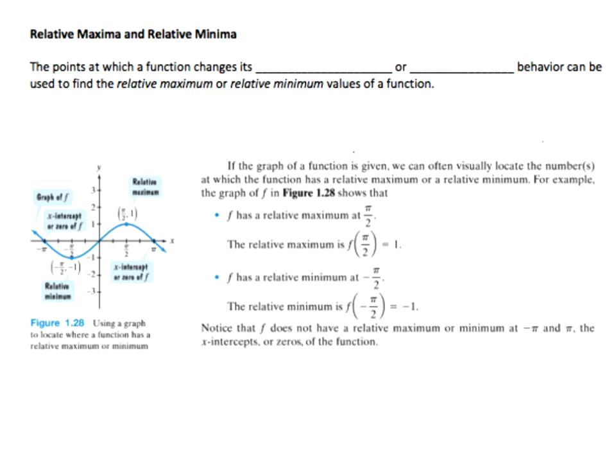Relative maxima and minima, once again, your book gives this very confusing definition of it. All it is is the peaks and the valleys, the high points and the low points on the graph. So bottom of the valley, top of the mountain. Those are your relative maxima and minima. If some graph looks like this, you could have a few of each. Maxima and minima is just the plural of maximum and minimum.